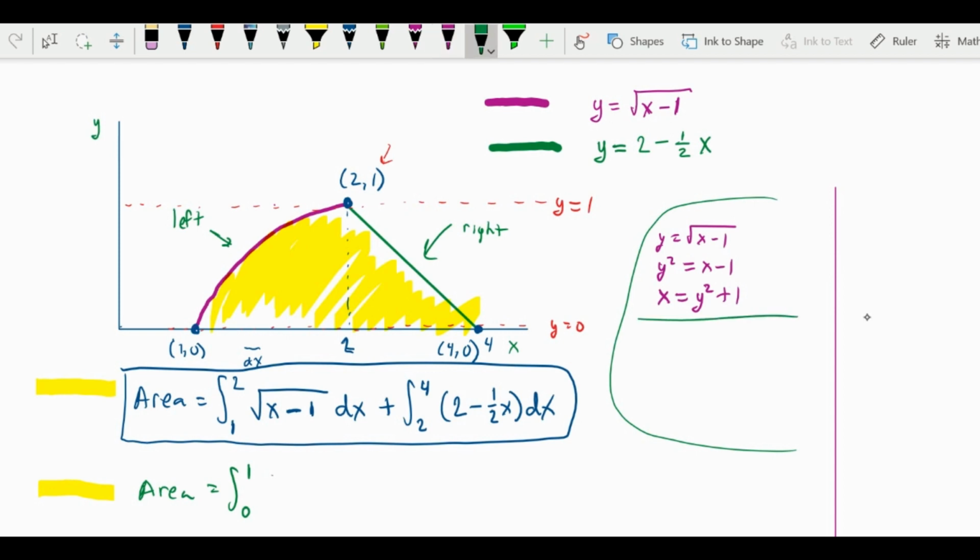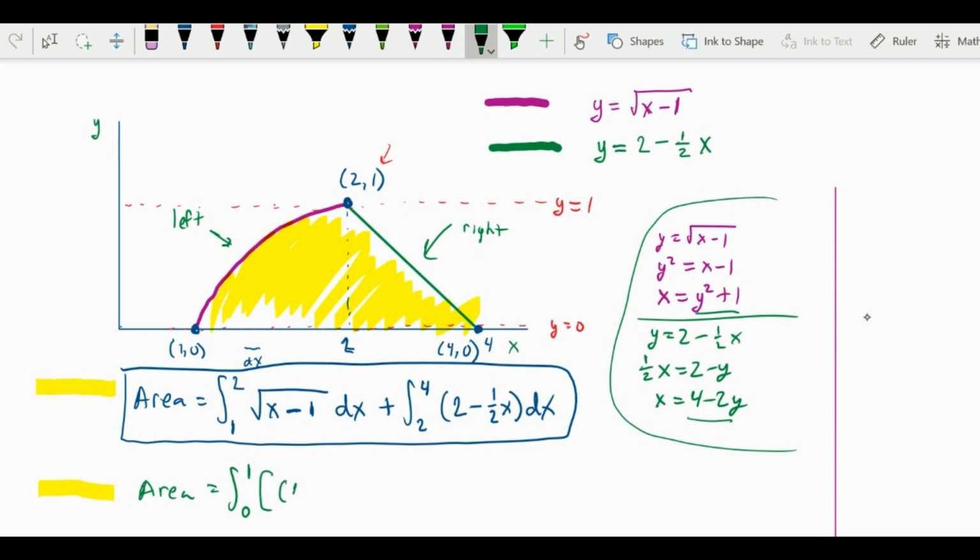And then for the green curve, we solve again for x in terms of y. I have y equals 2 minus 1 half x. I'm going to just rearrange this. Get 1 half x equals 2 minus y, multiply both sides by 2, getting x equals 4 minus 2y. So the right curve is this, and the left curve is that.